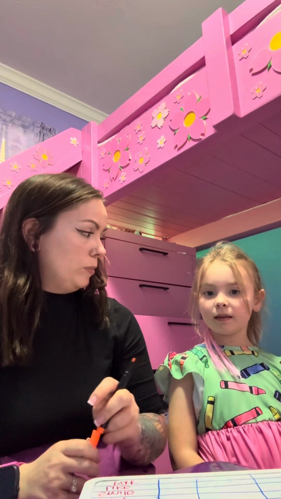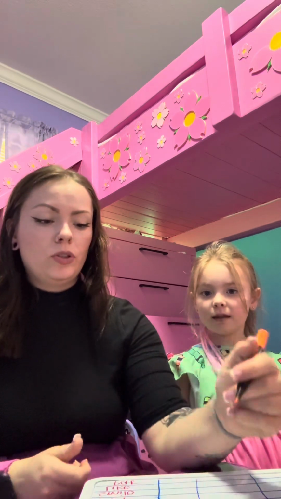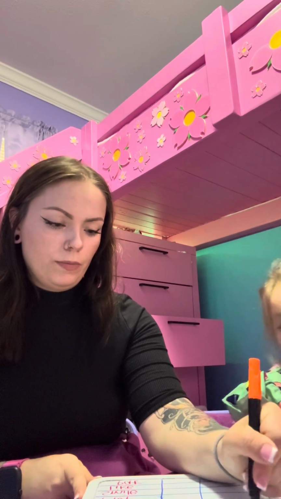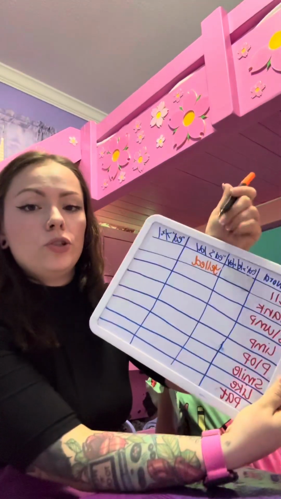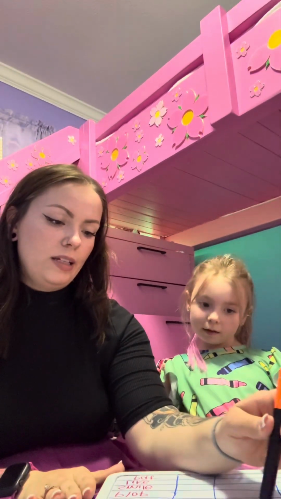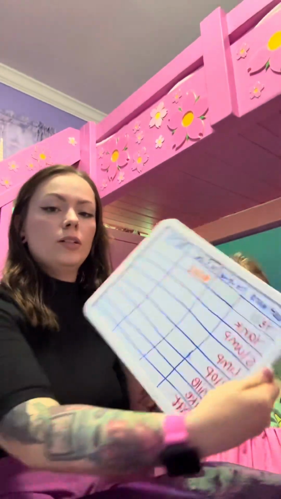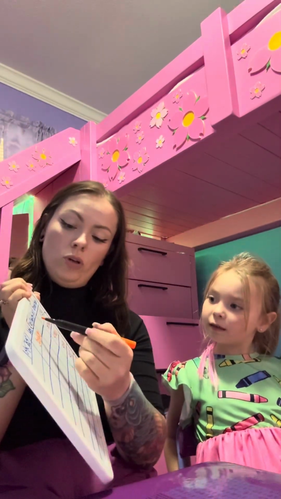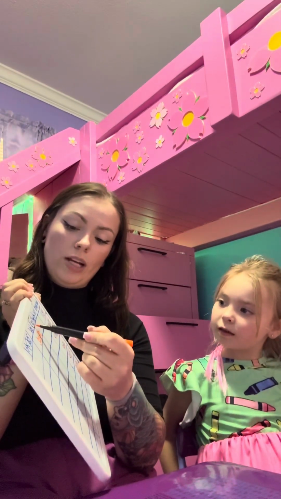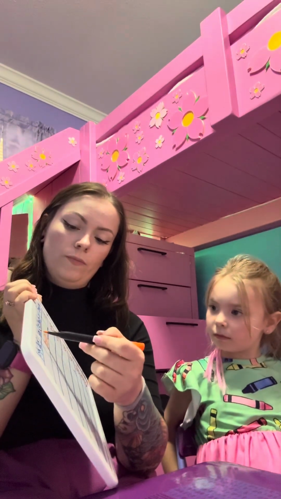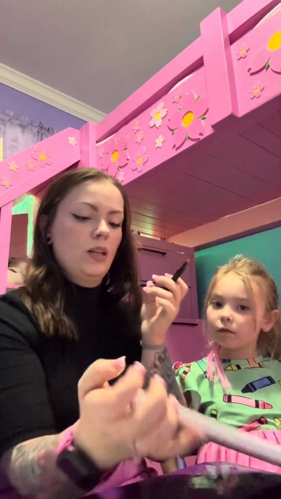Yelled. D. Okay, so we are going to put it in the column with just the D sound. Yelled. So even though it just makes the D sound, we still add ed. Okay? So you will add the ed right here, but then the D is the sound it makes.